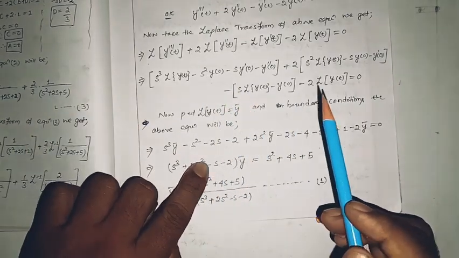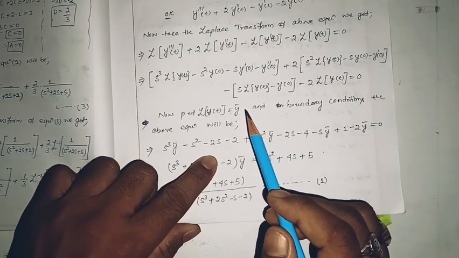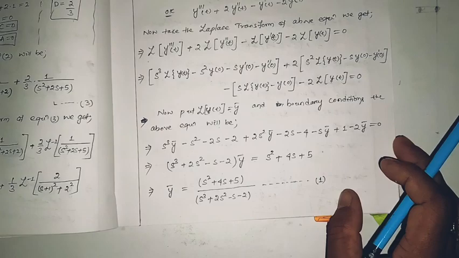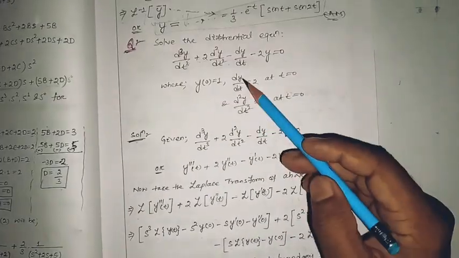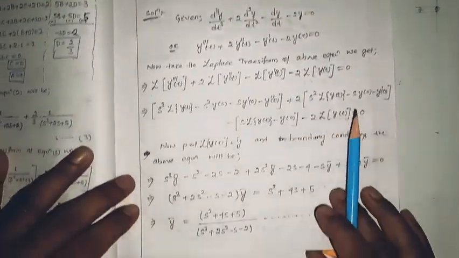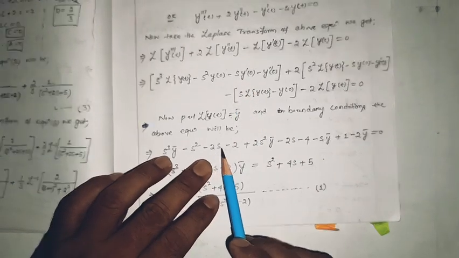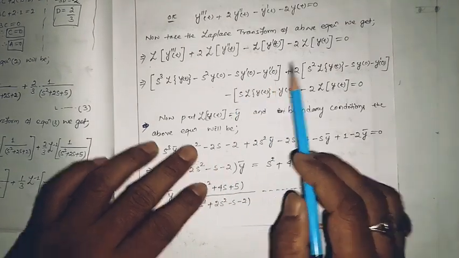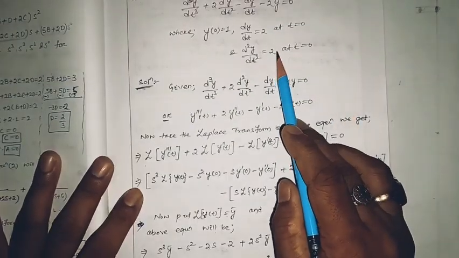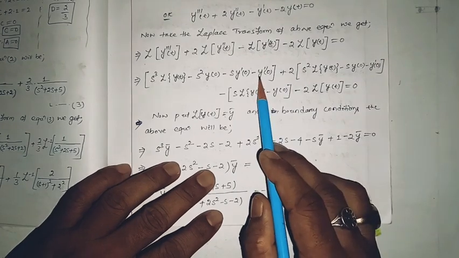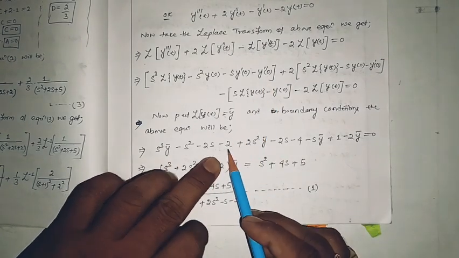Then y dash 0, meaning dy/dt at t equal to 0, is 2, so it will be minus 2s. And y double dash 0 is also given as 2, so it will be minus 2. Here y double dash 0 will be minus 2.